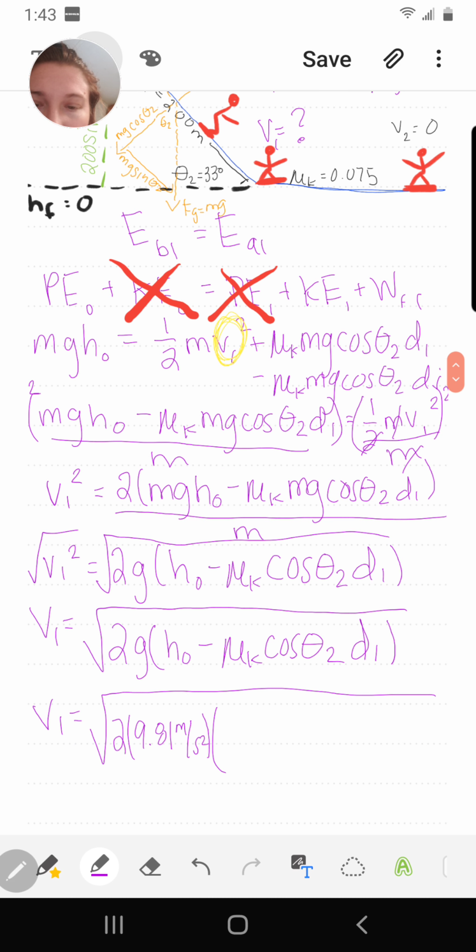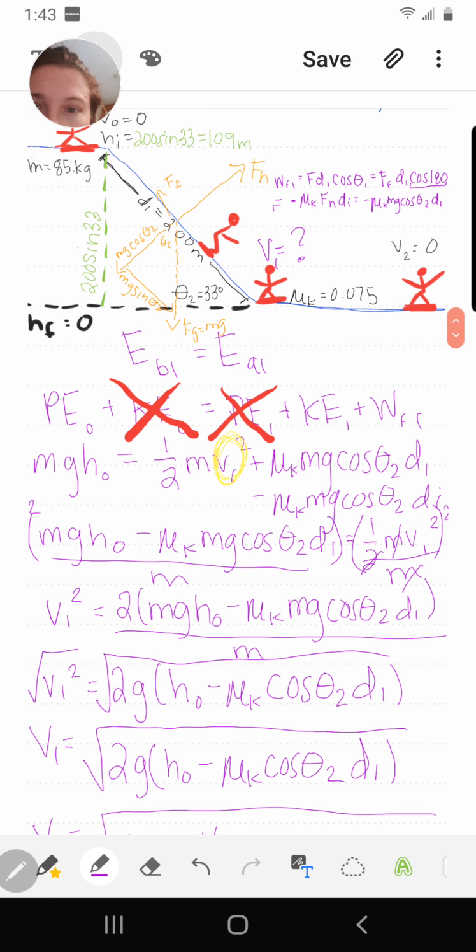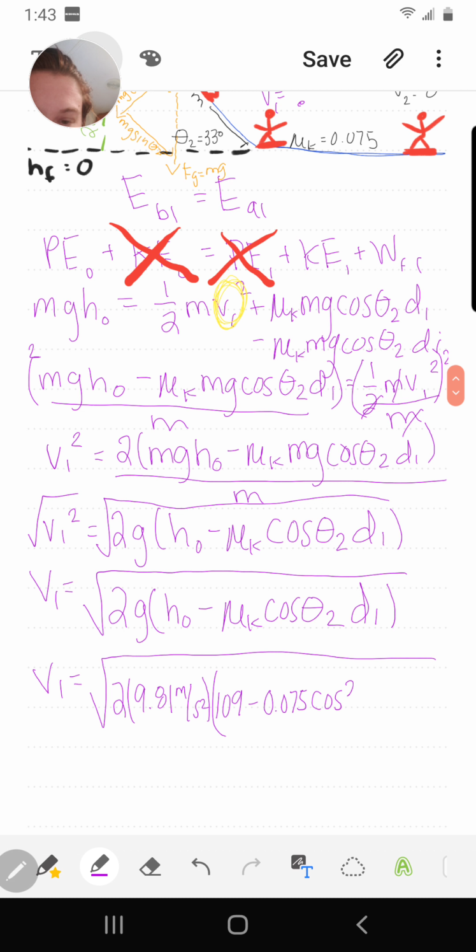Our height is 109 meters minus coefficient of friction 0.075 times the cosine of theta 2, which is 33 degrees, multiplied by 200 meters.